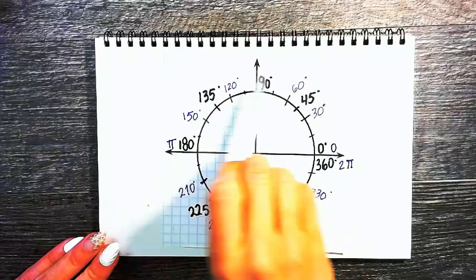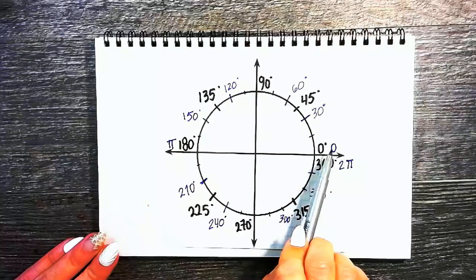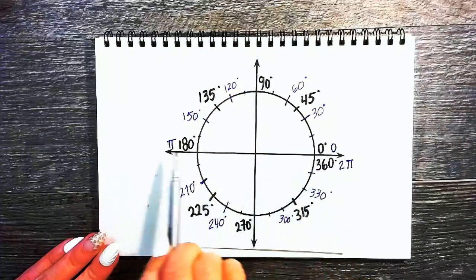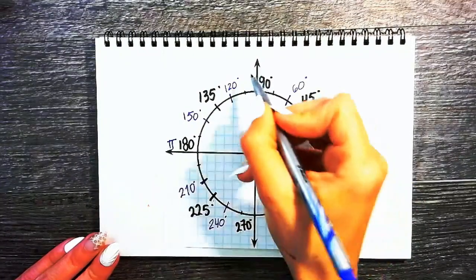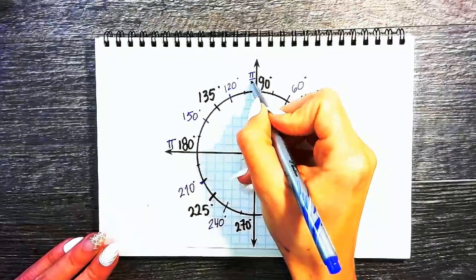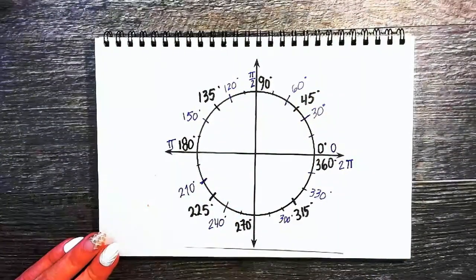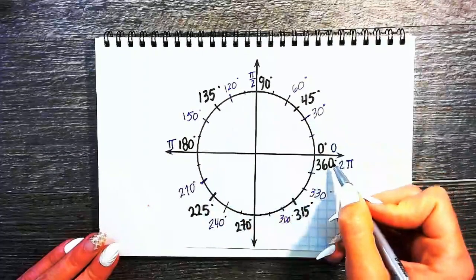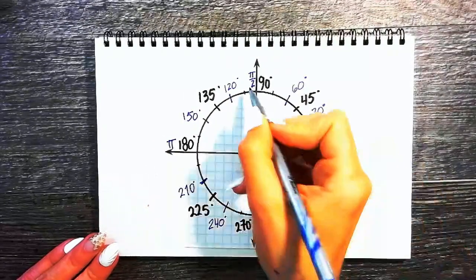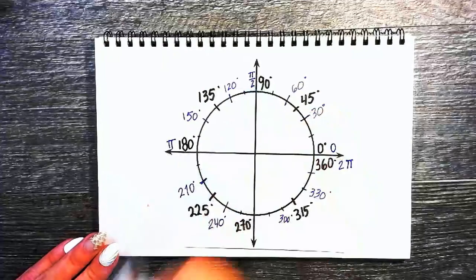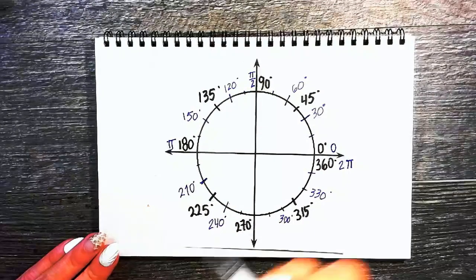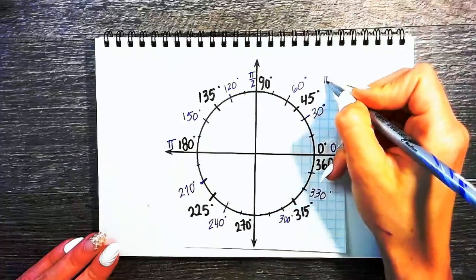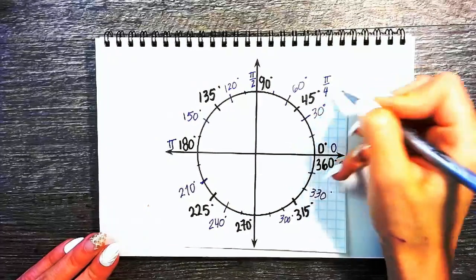Halfway between 0 radians and pi radians: what's halfway between 0 and 1 of something? Half of something, so pi over 2. What's halfway between 0 radians and pi over 2 radians? Half of a half is a quarter, pi over 4.